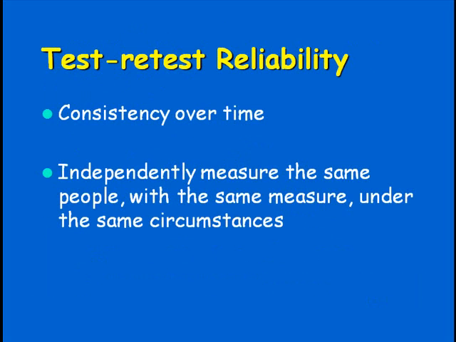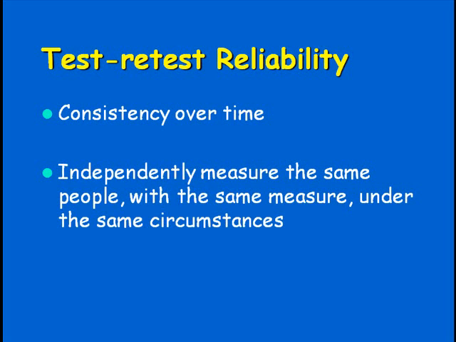So let's say you independently measure the same people with the same measure under the same circumstances. For example, on October 1st, I take the Beck Depression Inventory, and I take 50 people and put them in Roger Stout 2:25 at 5 p.m. one Monday evening.